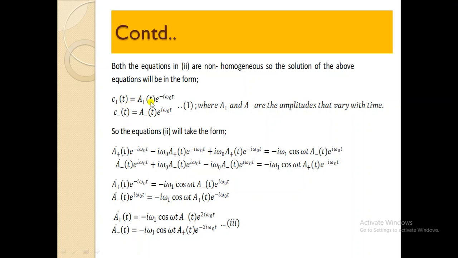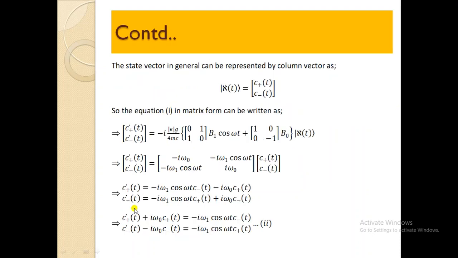So the derivative of this, what will we get? a plus dot t e to the power minus I omega naught t one time, and minus I omega naught a plus t e to the power minus I omega naught t, plus another term, plus I omega naught c plus t.